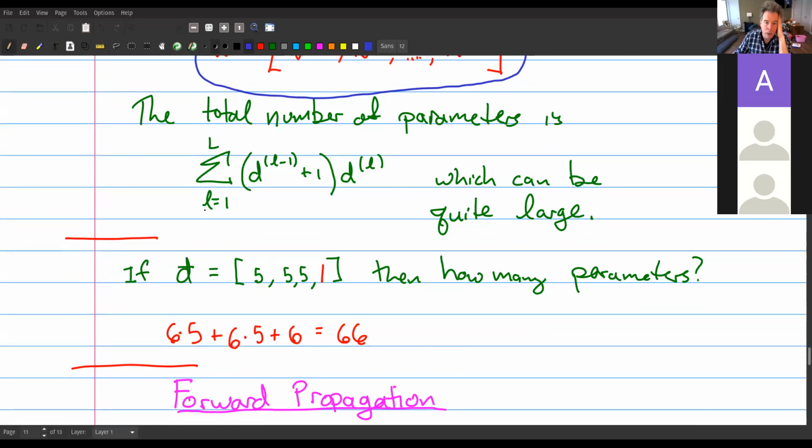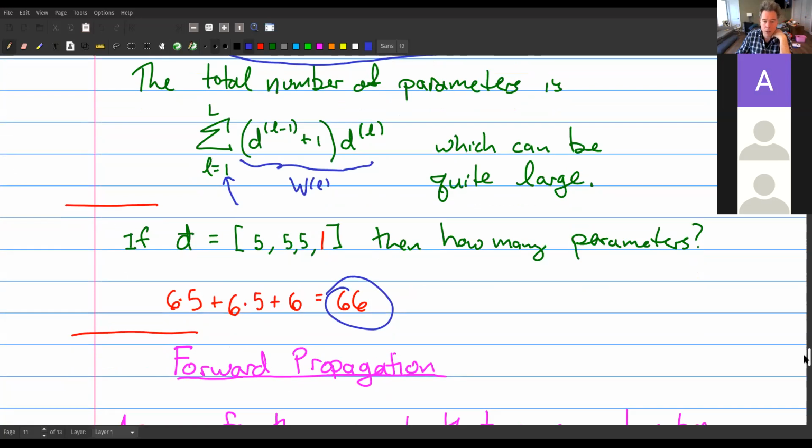This is the number of weights in W^(l), and we're just adding that up for every l. If you have a network with this architecture, so five variables including the bias, then one layer of size 5, and then an output layer with just one node, then you get 66 parameters. So maybe more than you would expect, because there's lots of connections going on.